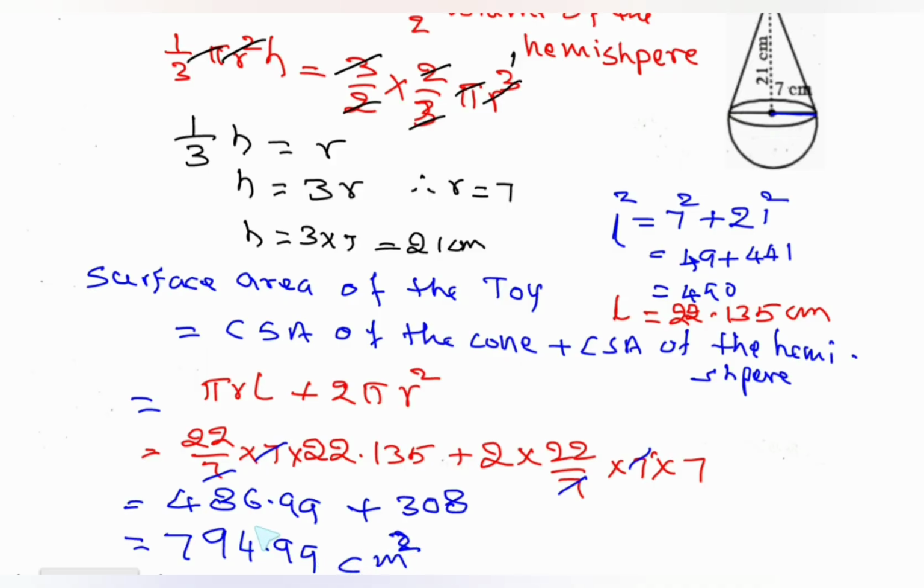Correct the toy surface area up to 2 decimals. 794.99 centimeter square is the surface area of the toy.